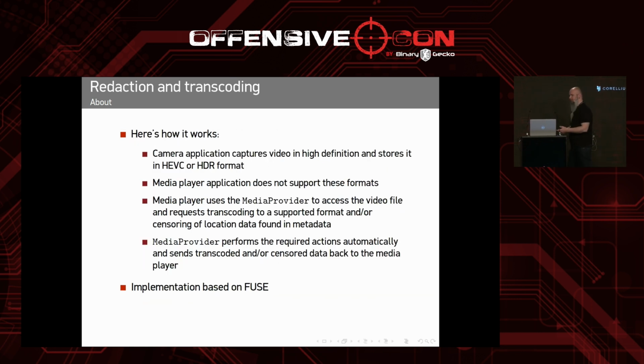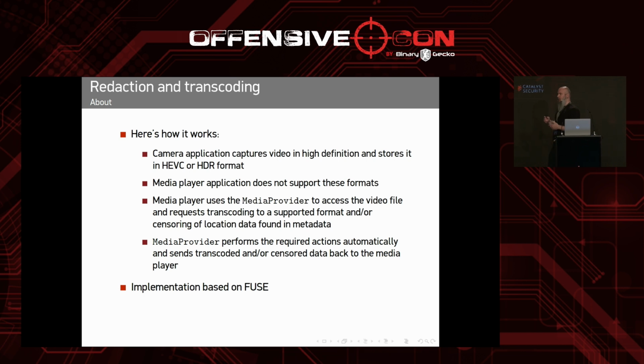And this is how it works. Let's say we have a camera application. You open the camera application and you capture a video. That video might be written in a high-definition format, HDR or HEVC, I don't know. But let's say that you also have a media player application on your device, and that media application is a legacy application and does not support these high-definition modern formats.